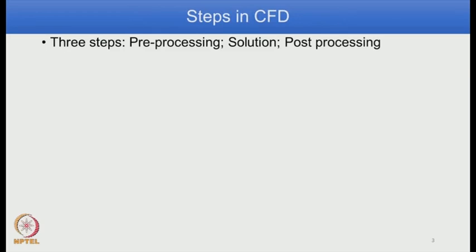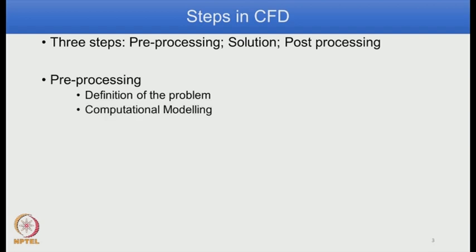So, in general there are 3 steps in CFD: pre-processing, solution and post processing. In pre-processing we just define the problem, do physical modeling of the problem, then computational modeling.